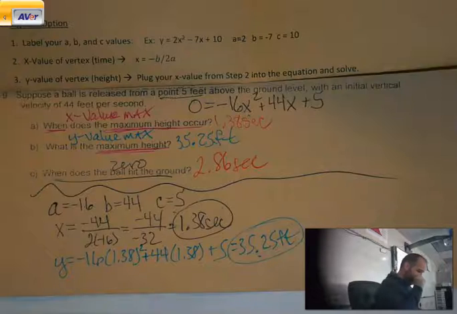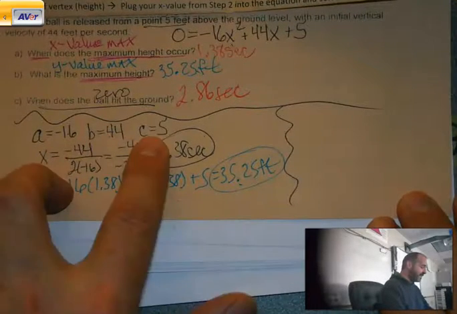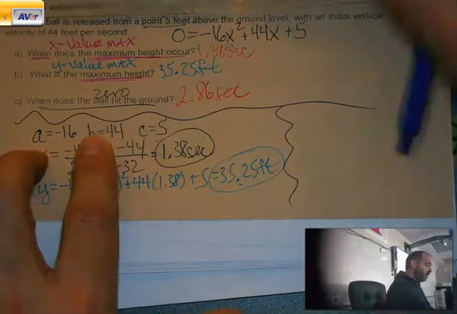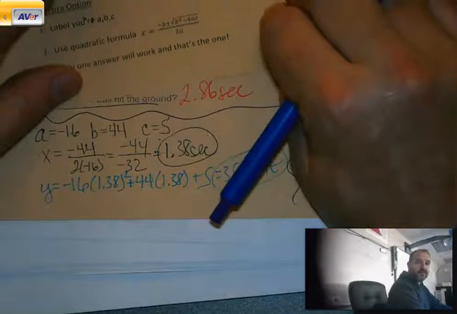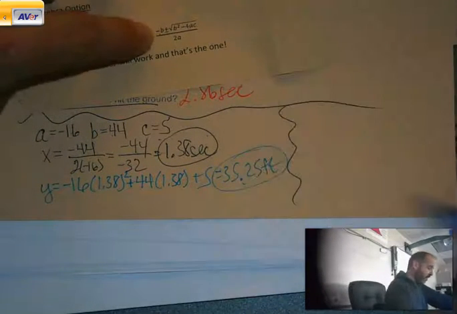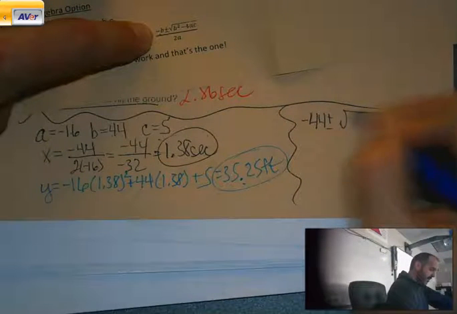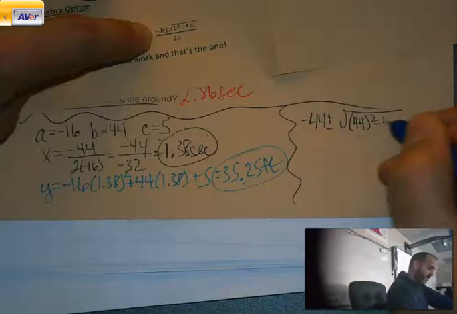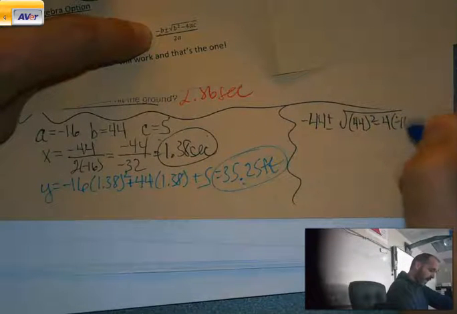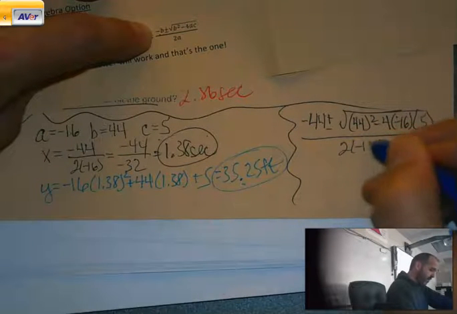Last one. Ball hitting the ground, algebra people, and we got just enough room left to do this. I've already got my A, B, and C right here. So again, there is my quadratic formula. The opposite of B plus or minus the square root of B squared minus 4AC all over 2A.